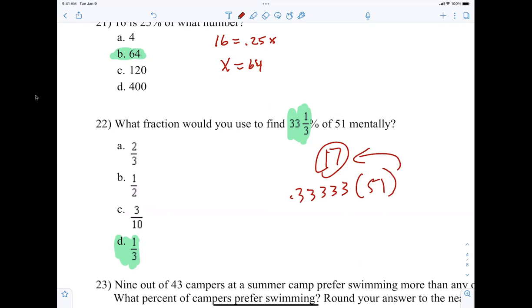Type on your calculator 0.333333 all the way across, and then times 51. And it might say 16.999999. There you go. See, same thing. Good question.